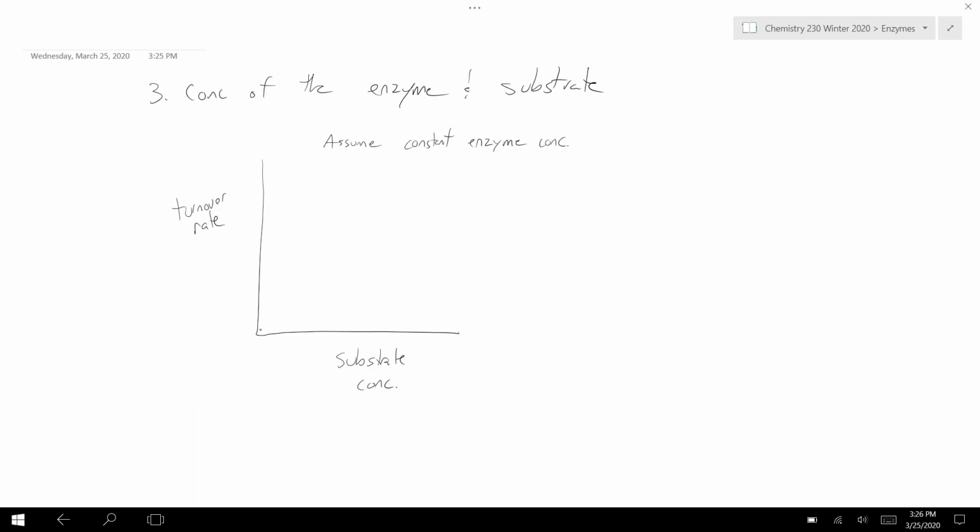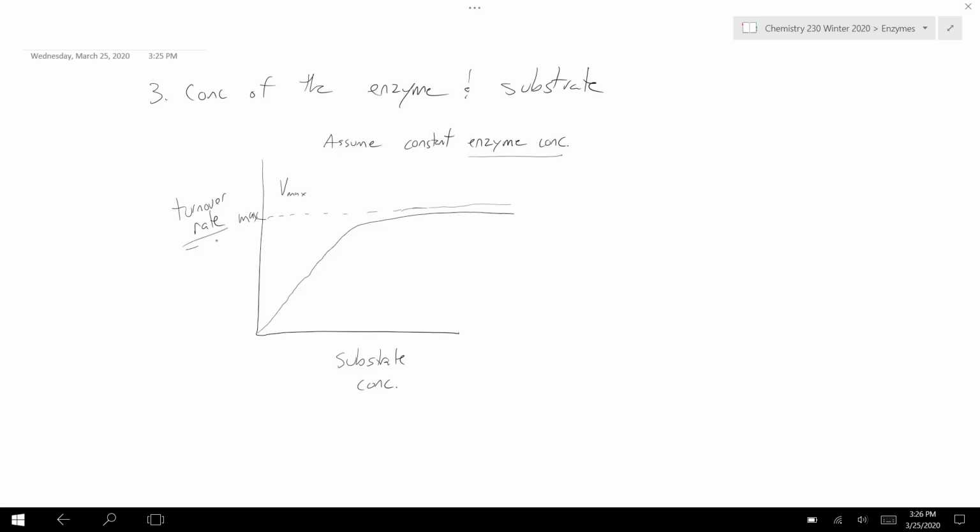But what's going to happen is you're going to increase substrate, and at some point it's going to level off. If you think about why that happens, there's a maximum rate if we have a constant enzyme concentration. We have a name for that. It's called the Vmax, the maximum velocity.